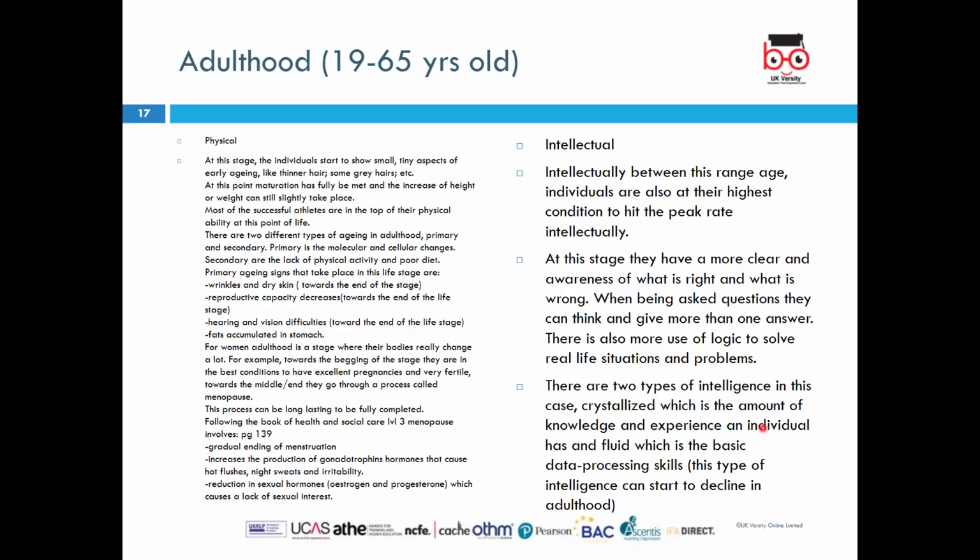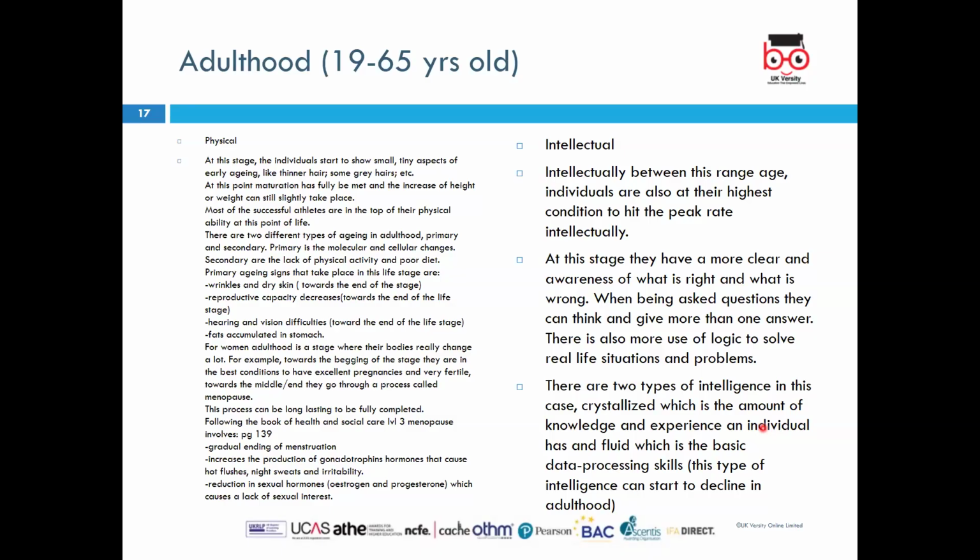These are also female hormones that cause hot flushes. There's night sweats and a lot of irritability as women grow older. And then later on, there's reduction in sex hormones, as I said, estrogen and progesterone, which causes a lack of sexual interest as well.